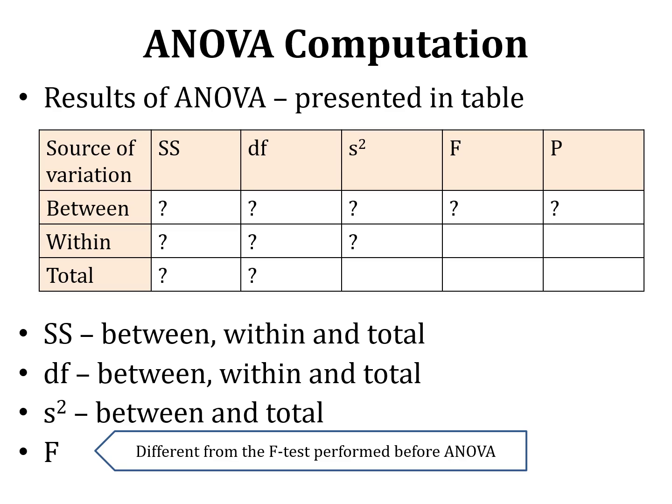So this F test is the ANOVA test, and this is different from the F test which is performed before ANOVA. And then the last column has the probability, which is the probability of the F value that we calculate in the ANOVA, right? So this is how we present the results of ANOVA.